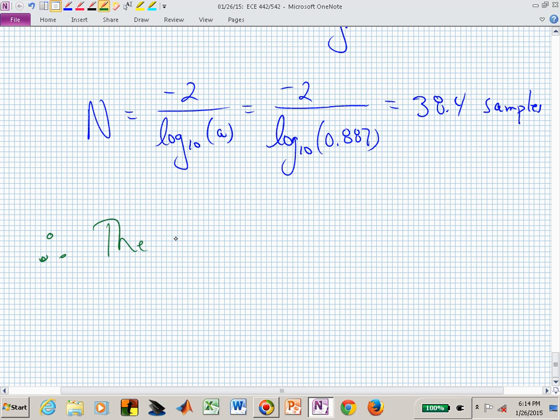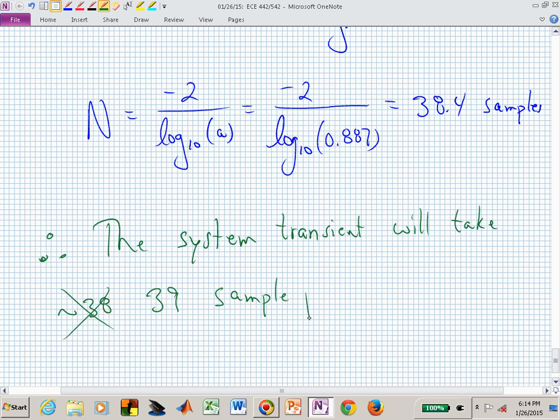The system transient will take approximately 38, and in fact it takes 39 sample periods.